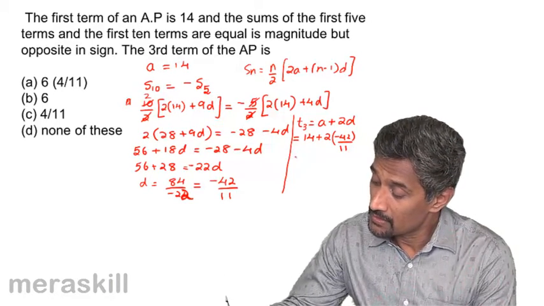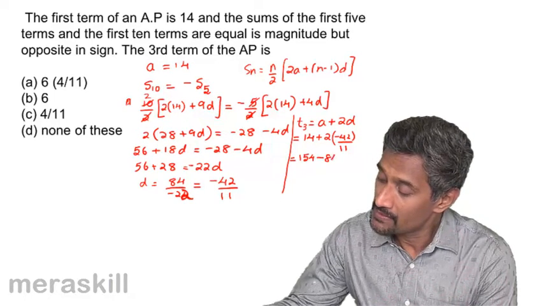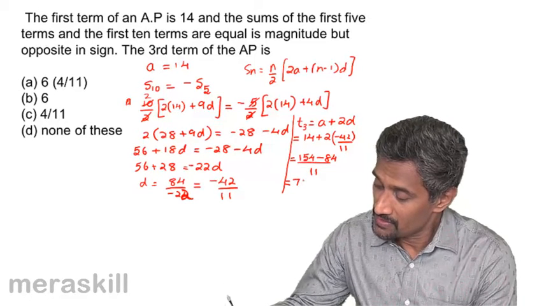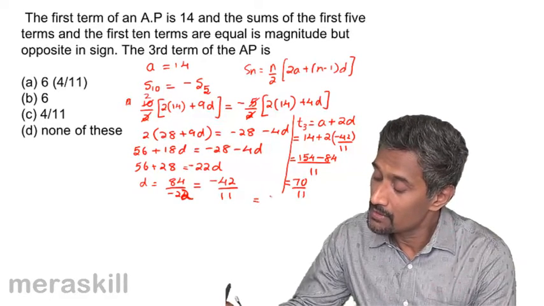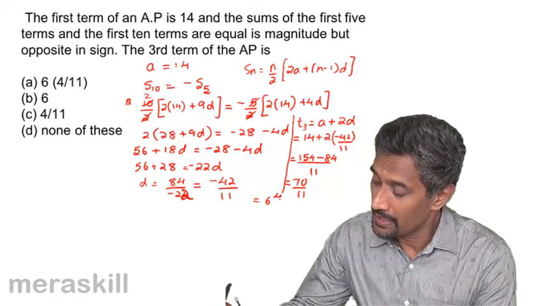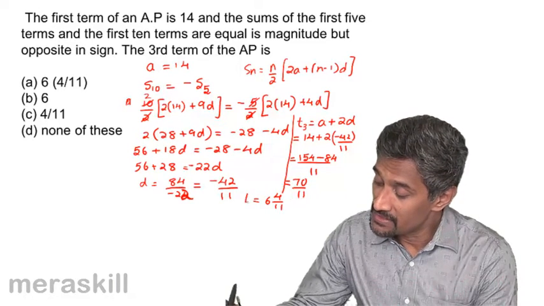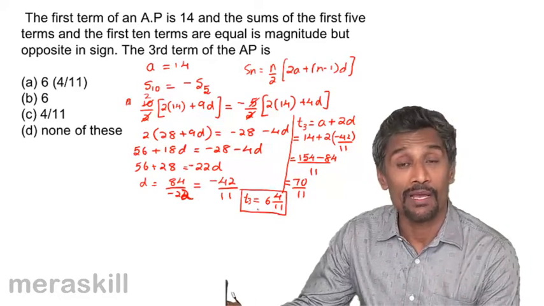And that will turn out to be 154 minus 84 by 11, which will turn out to be 70 by 11, which is 6 and 4 by 11. So that means T3 will turn out to be 6 and 4 by 11.